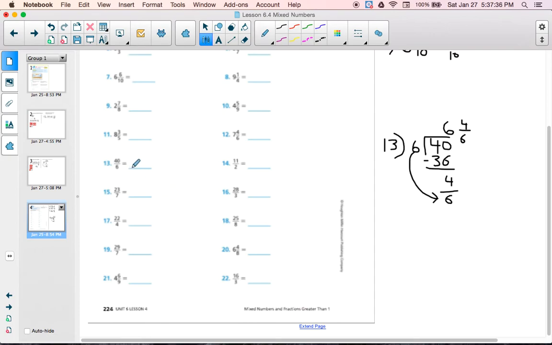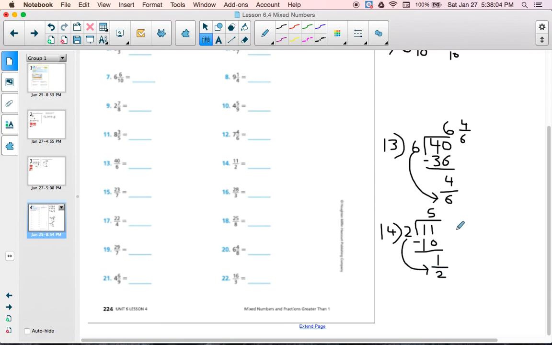That was number 13. Let's try number 14. Again, divide the numerator by the denominator. The numerator is 11, the denominator is 2. 2 will go into 11 5 times. 5 times 2 is 10. Subtract, you get 1. You write this underneath.